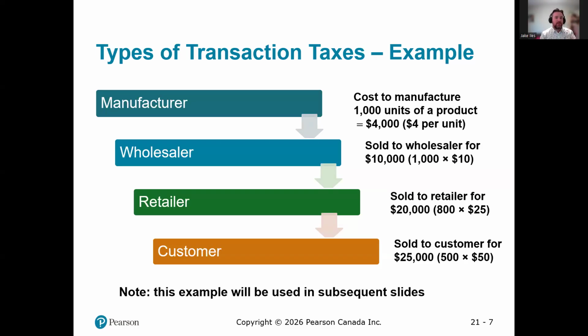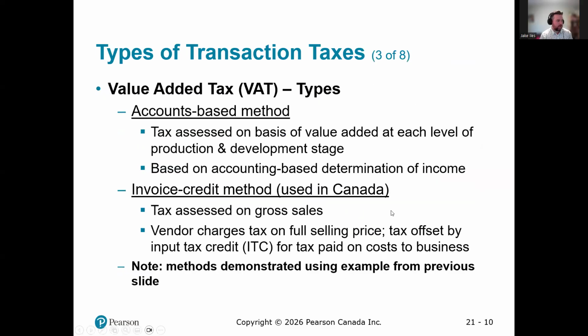So they don't need to include the sales tax in their price to recover it. That recovery is accounted for in that difference calculation. So invoice credit is basically focused on when we collected the sales tax or when we paid it.